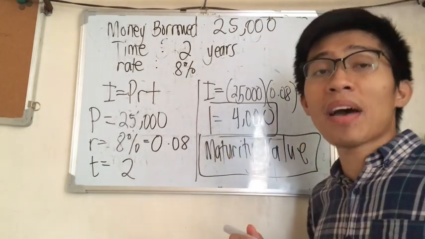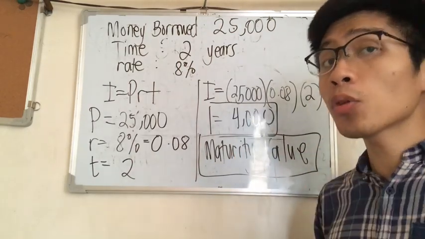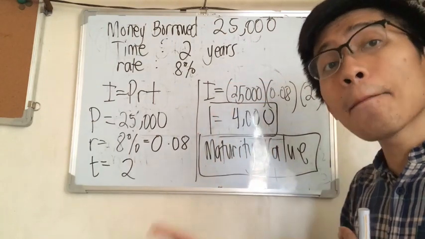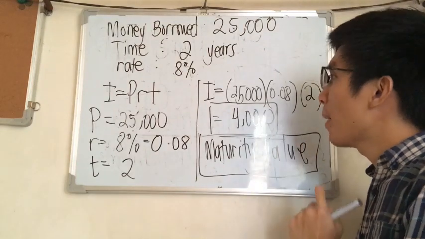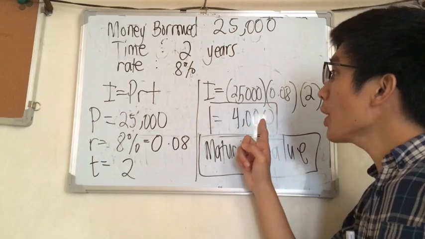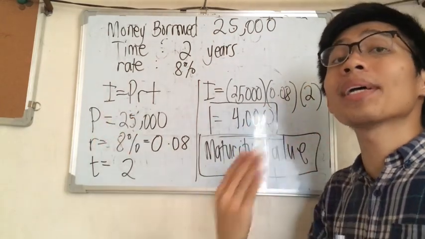What is maturity value? That is the amount that you borrowed plus the interest on it. Meaning, the amount added to the amount that you borrowed. That is the maturity value. What is 4,000 again here? 4,000 is not the maturity value. That is your interest amount.